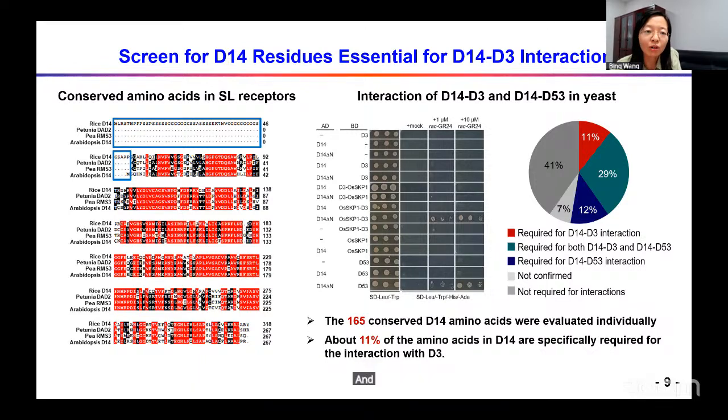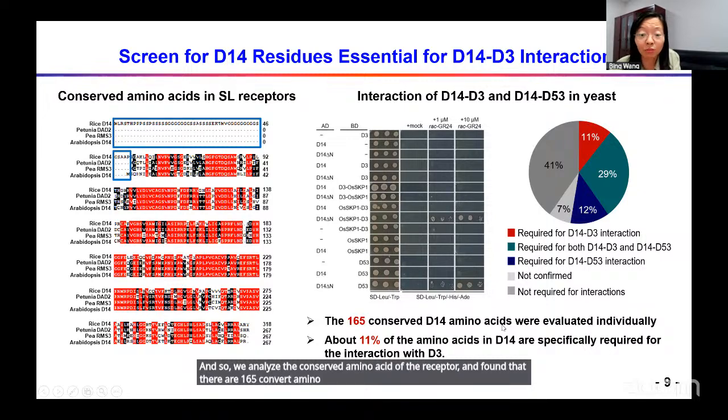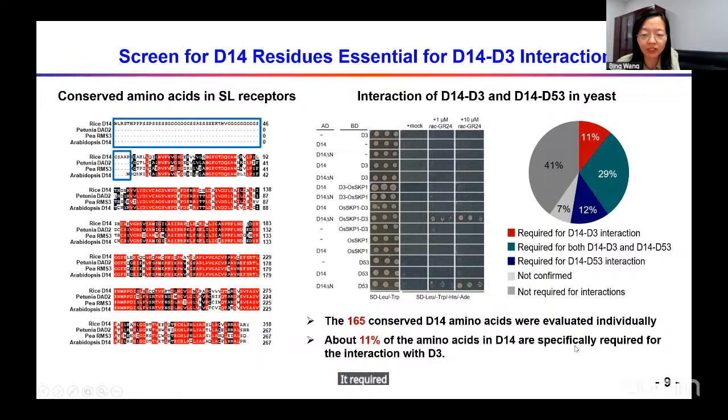And so we analyzed the conserved amino acids of the receptor and found that there are 165 conserved amino acids, and we mutated them one by one to evaluate their function in the signal transduction. We found that about 11% of the conserved amino acids are required for the interaction with D3.